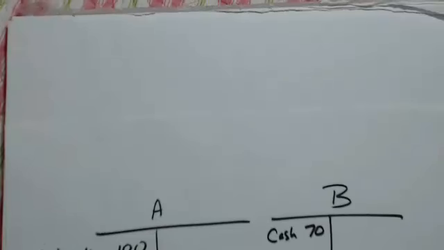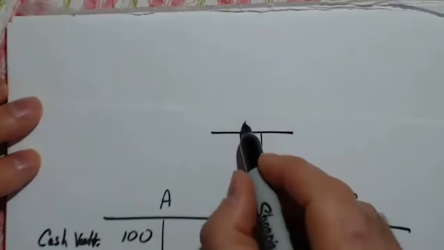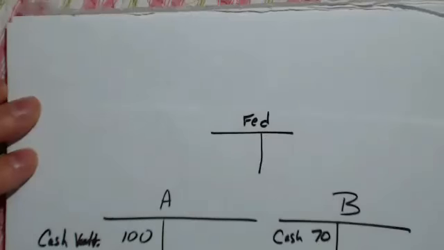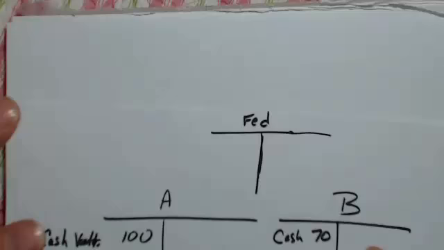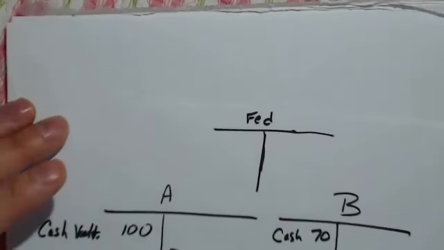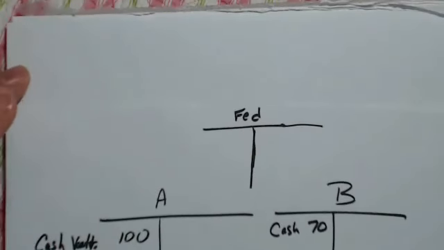So now we have Bank A and Bank B, but we don't have any Federal Reserve Bank at this point. Well, let's create one. No, it's 1913 again, and so we can create a Federal Reserve. We can create one out of scratch, basically. And so here we have the Fed, and we have the Fed's balance sheet, and we put it up here because it's in charge of and oversees the individual banks.